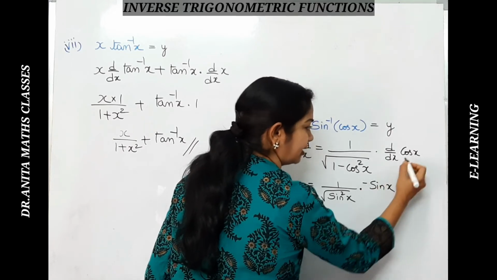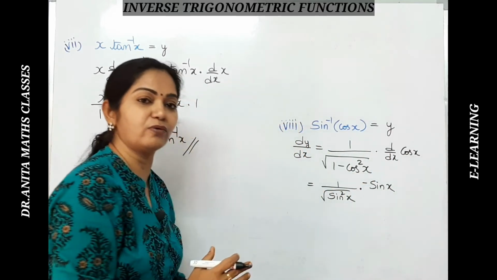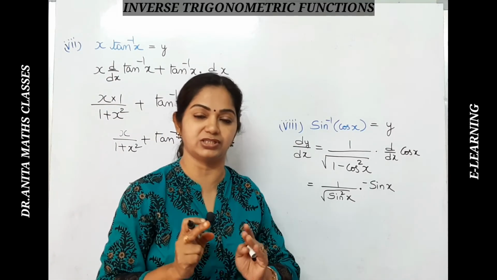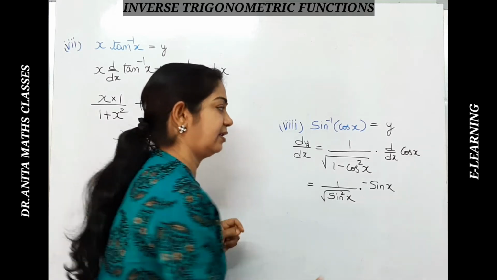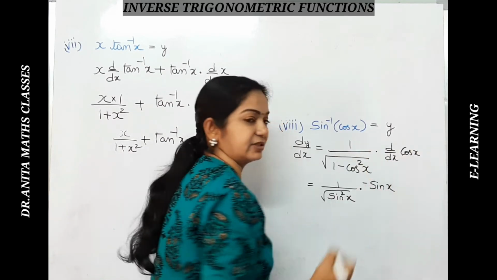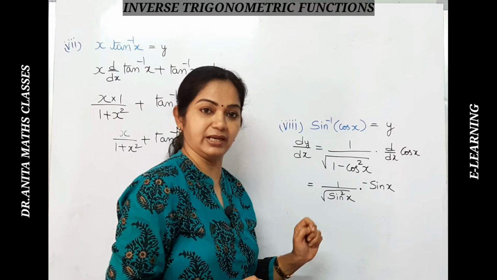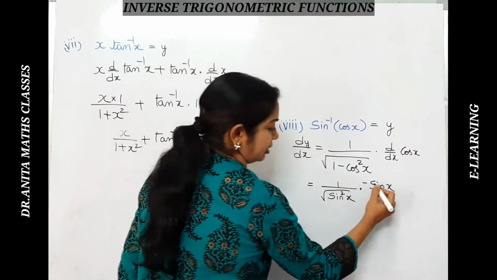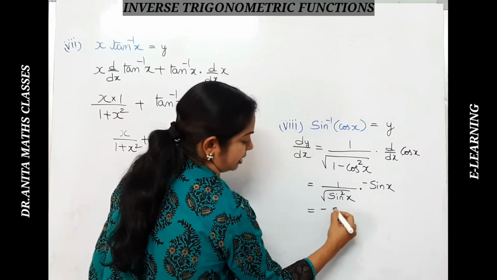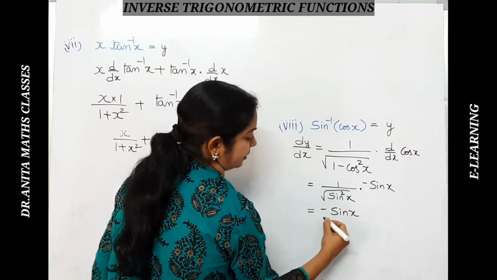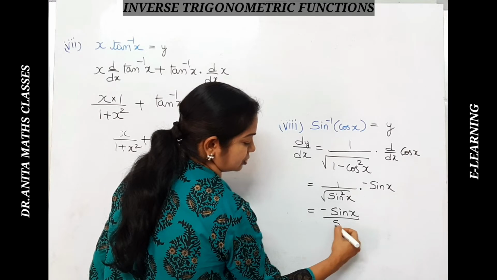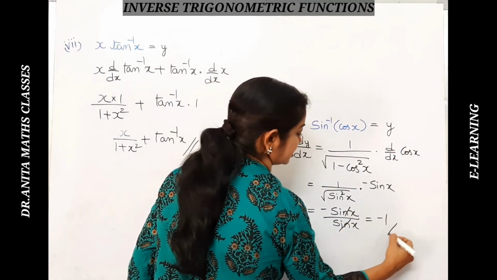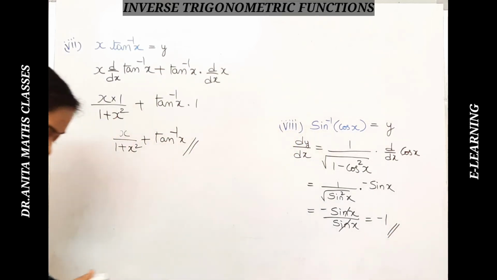As we all know, for the derivatives of the inverse trigonometric functions, just remember that when there is a co involved, you get a negative sign, even in the inverse trigonometric ratios. So negative of minus sin x, this comes to minus sin x divided by square root of sin square x, which is just sin x. So if you cancel this off, this comes to minus 1. So pause it and note it down.